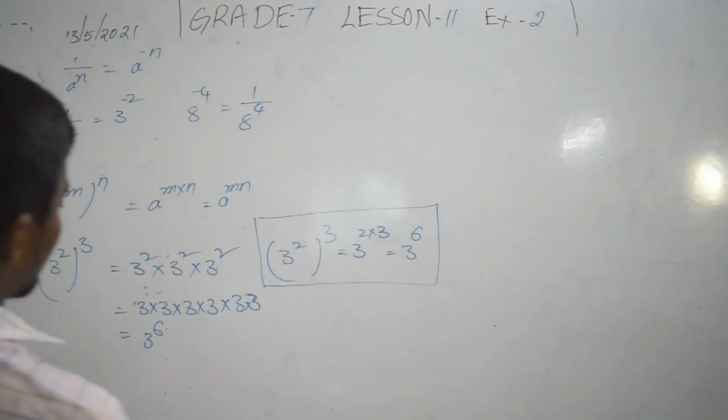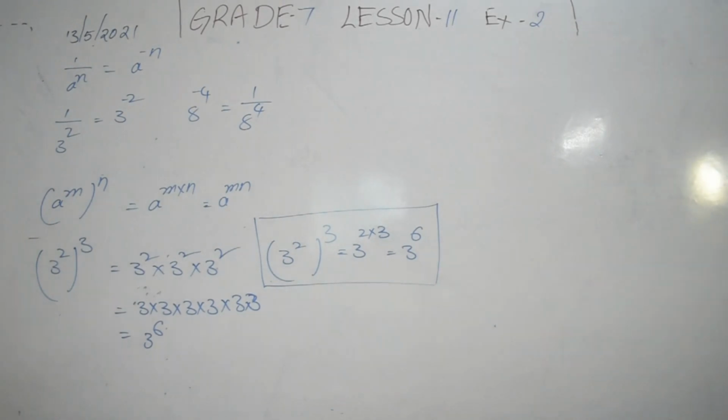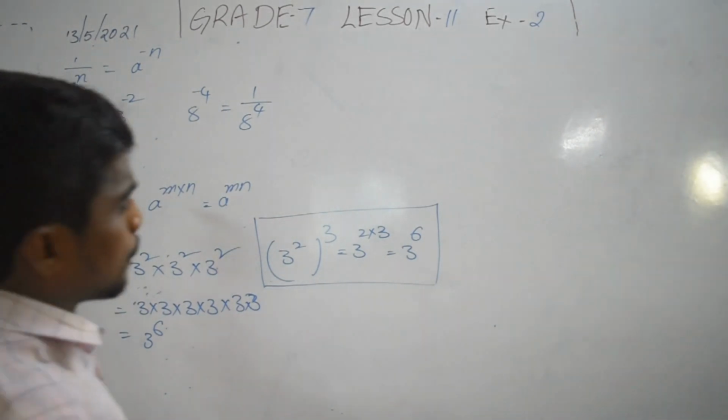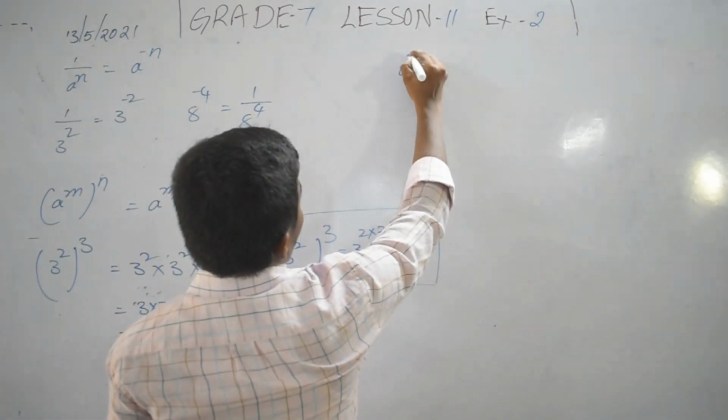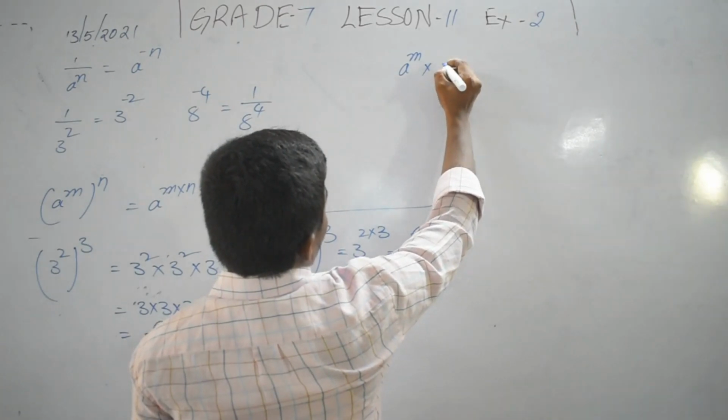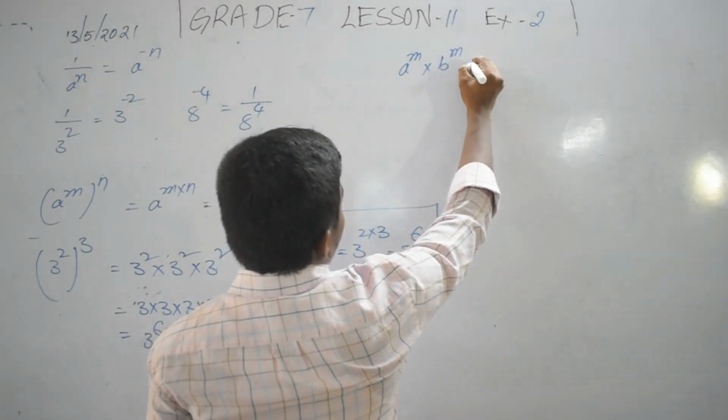Next, when the bases are equal, we add the powers. Now, when the powers are equal, a power m times b power m.